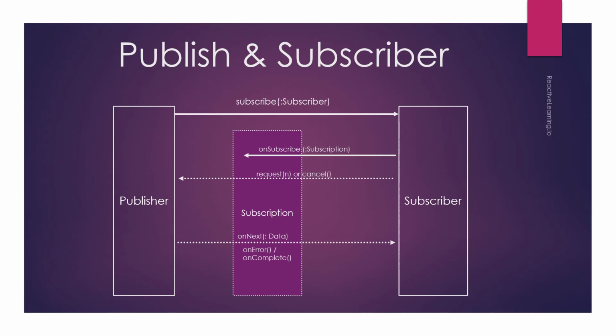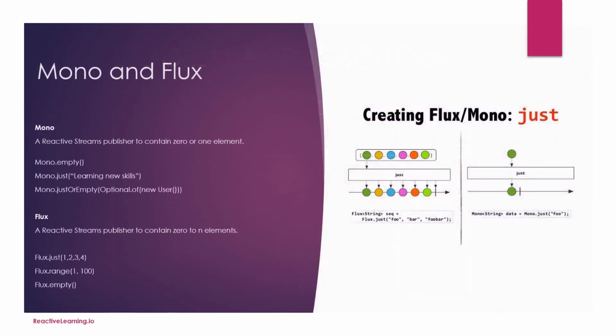It has very good support for resiliency where you can handle your exception in a reactive stream, you can propagate your exceptions, or you can start a new stream if there is any error in the previous stream. Reactor API has two publisher types, Mono and Flux, where Mono contains only one element and Flux contains n number of elements.